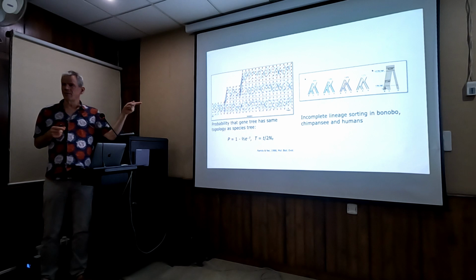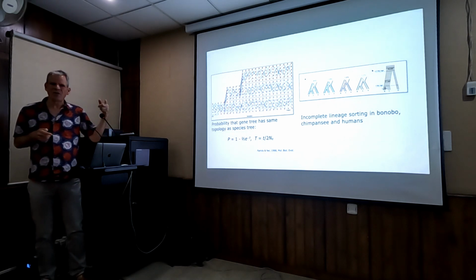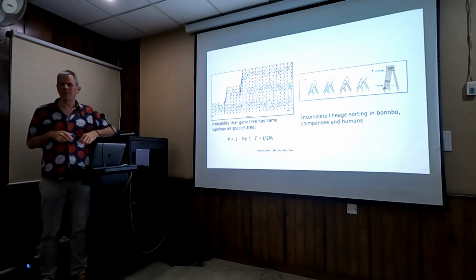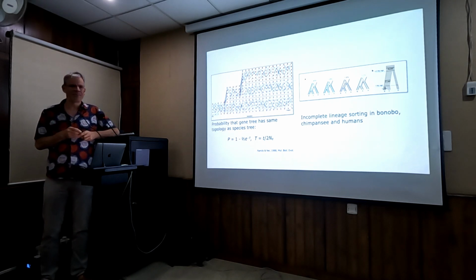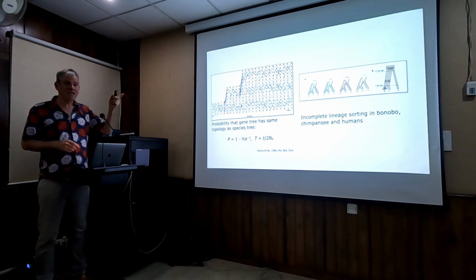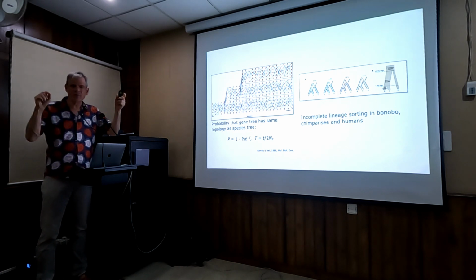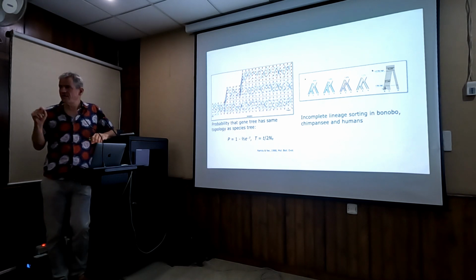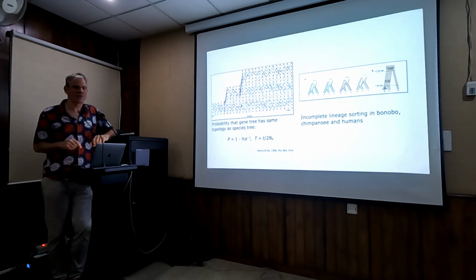But that's the same phenomenon. Gorillas are not our closest relatives, but there are some genes which have been subjected to this incomplete lineage sorting. Now, it's this incongruence between individual genes that makes concatenation of data highly, highly troublesome.